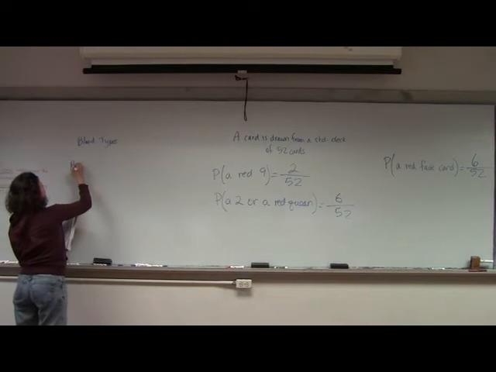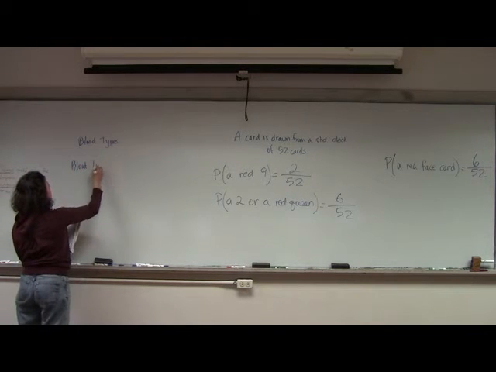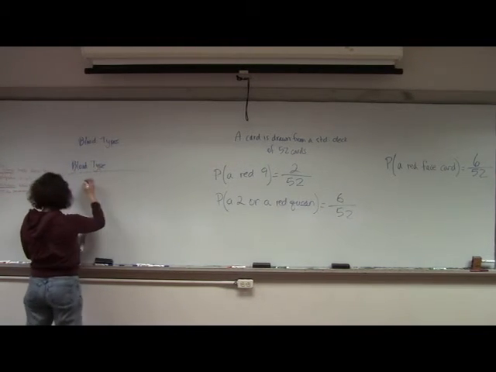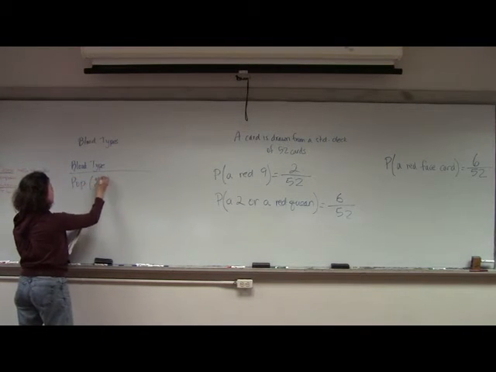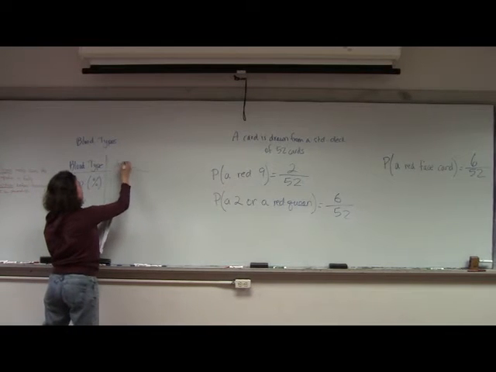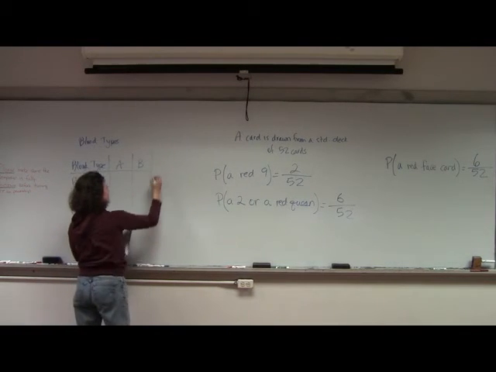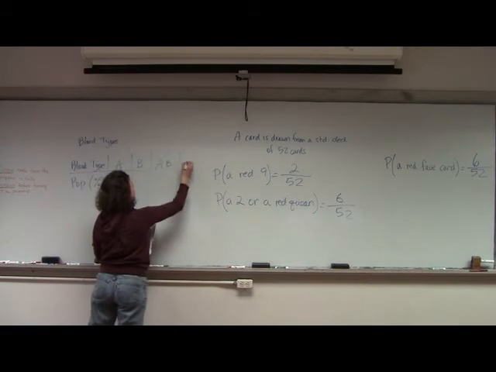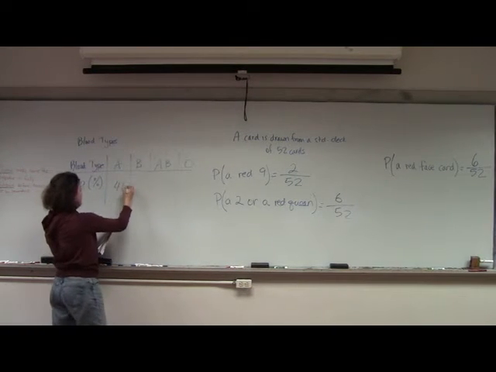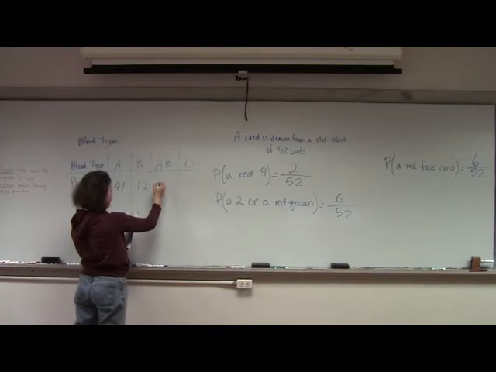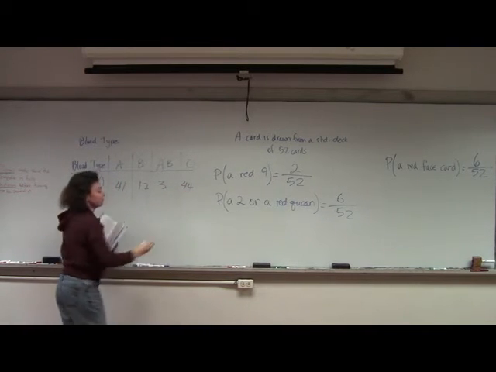All right, so we have blood type and we have population in terms of the percentages. And our blood types are A, B, AB, and O. What we're given is 41, 12, 3, and 44.